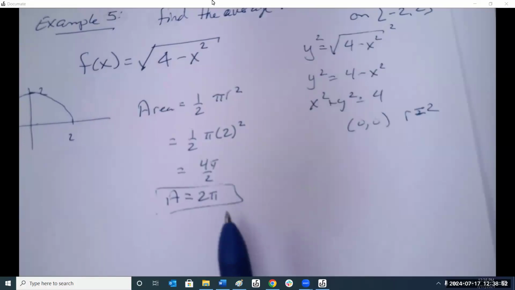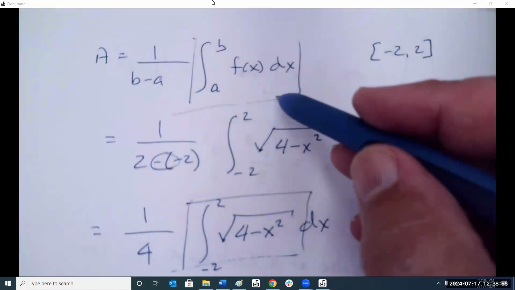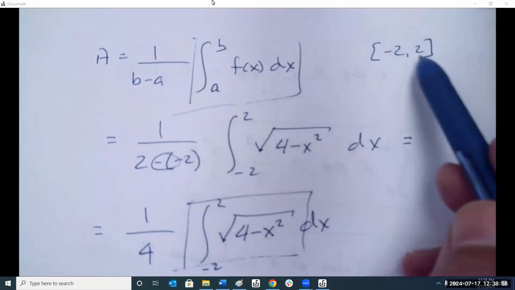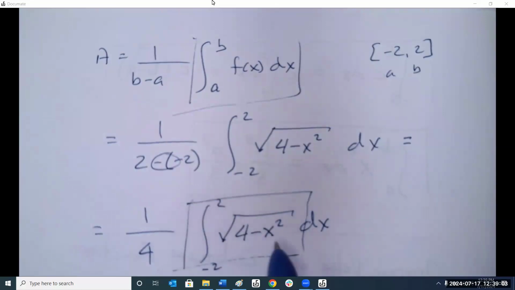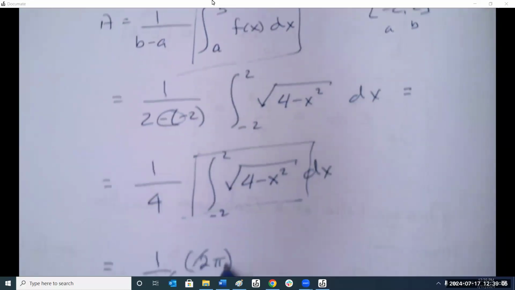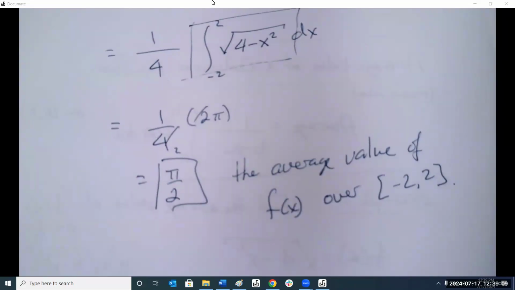We did that geometrically right here. So we know this is going to equal 2 pi. And this is A and that's B. Plug it in there: 1/4 times 2 pi. The twos cancel, so that's our average value. Because remember, we haven't discussed how to actually solve the integrals just yet.